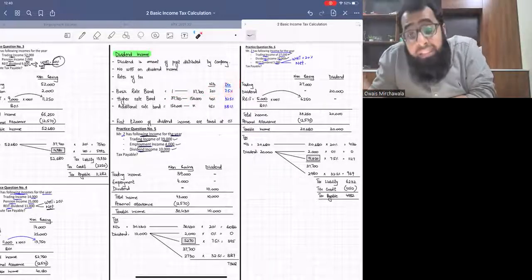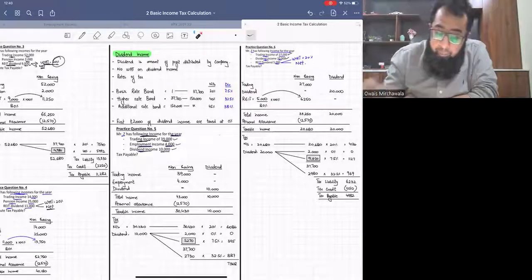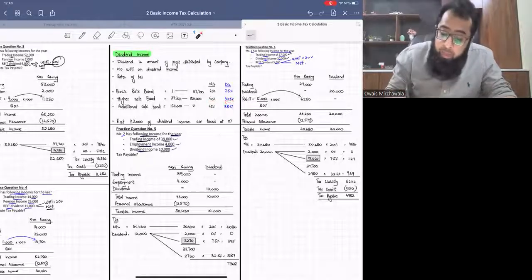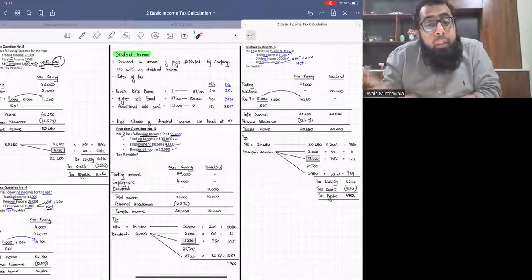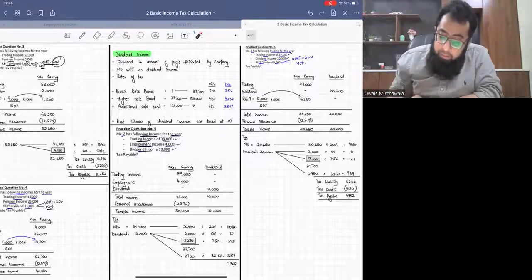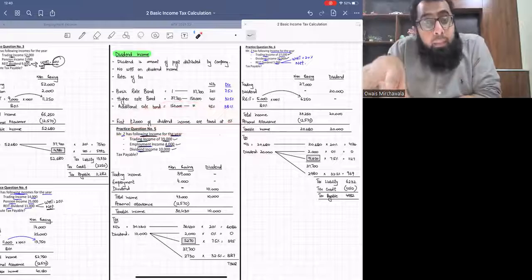The dividend has a separate rate of 7.5%. Then here the rate was 40%. In this case, it will be 32.5. Here it was 45. Here it will be 38.1. Okay, first 2,000 pounds of dividend are taxed at 0%.